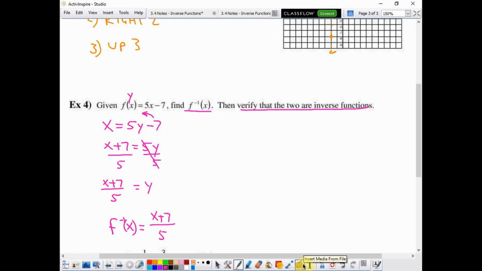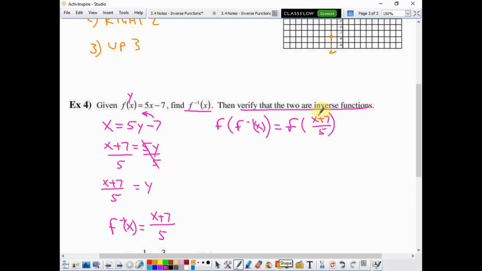And here's how you do that. To determine if that truly is an inverse, I have to evaluate f of what I'm saying is the inverse of x, which means I'm evaluating f of x plus 7 over 5.